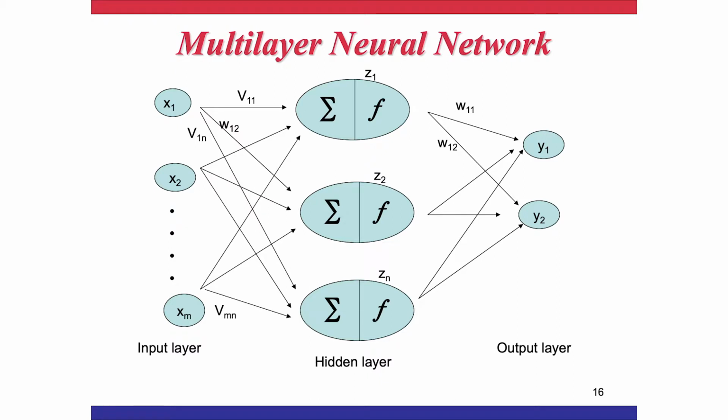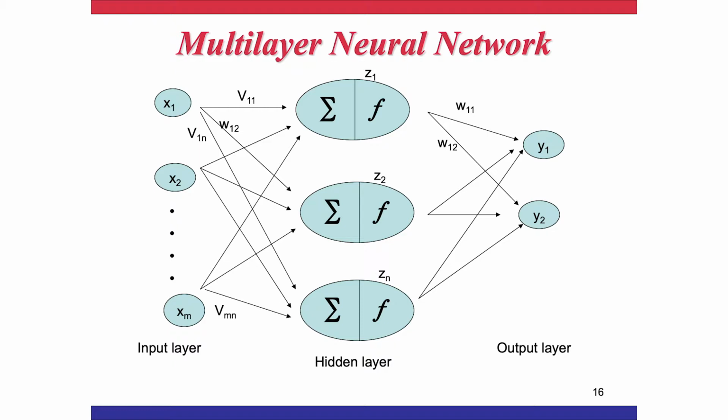The more common model, with different levels of complexity, arises once we have the multi-layer neural network. In the multi-layer neural network we have the hidden layers, represented as Z1, Z2, and Zn.